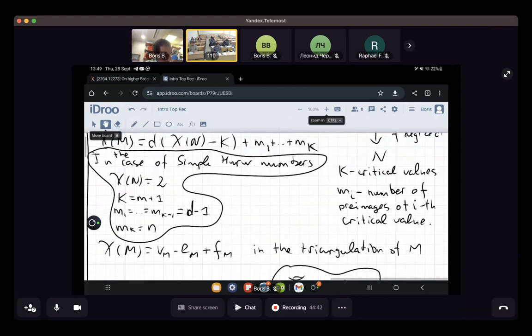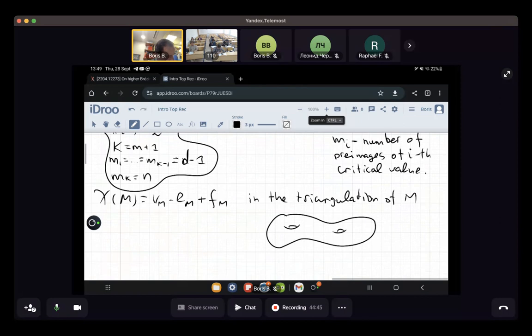Great. So if we have a triangulation, it's not a triangulation, but you can add something here.